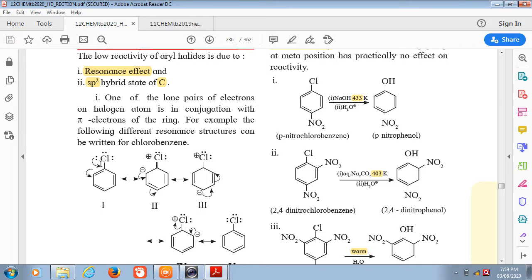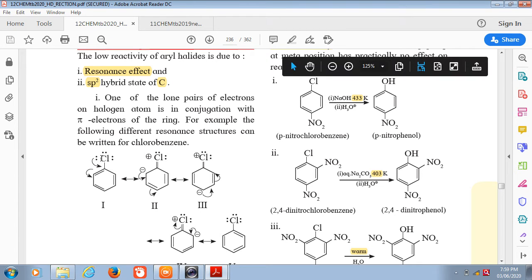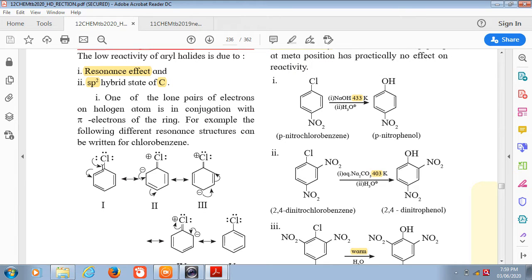So if you observe here, a lone pair of chlorine gets shifted to the carbon-chlorine bond and we get a double bond here. So as the lone pair of chlorine is used, chlorine carries a positive charge and the electron pair between these two carbons gets shifted to this carbon.